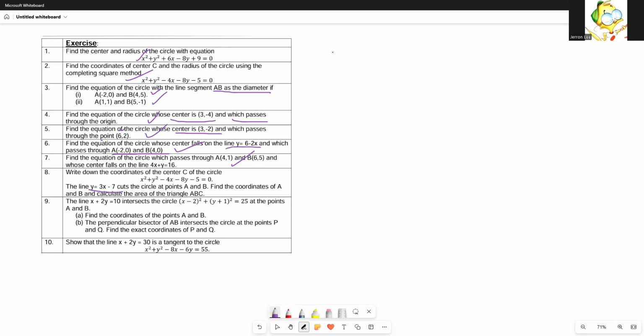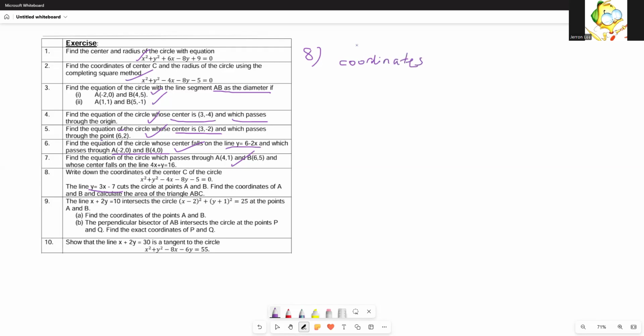So the very first thing you must do for number 8 is of course find the coordinates of the center of the circle. Let's go for that, and we will see the center coordinates.